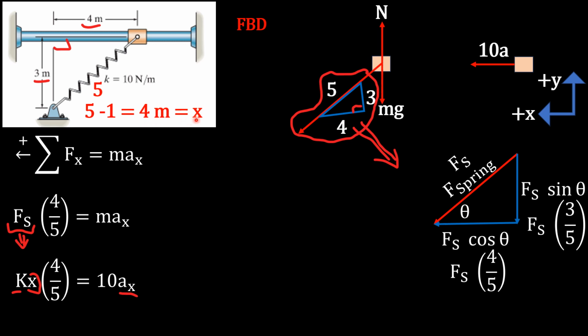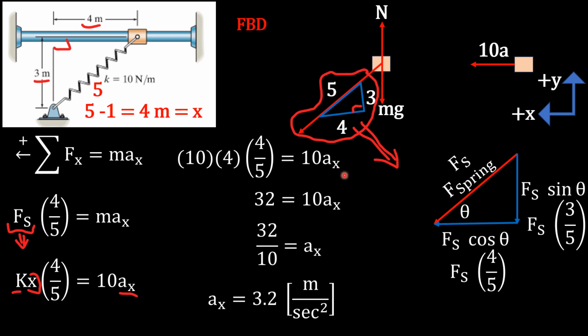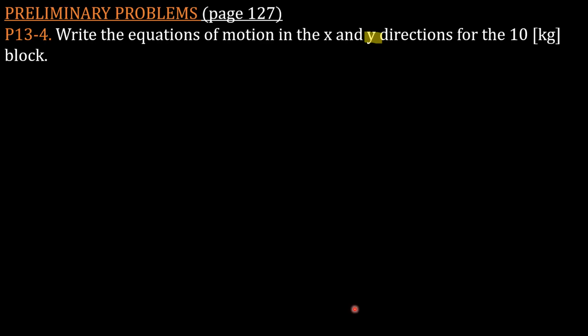So 4 meters will be the change in length of the spring. We can plug in the given and found values in here. Our goal is to find the initial acceleration in the x direction. So our initial acceleration is 3.2 meters per second squared.